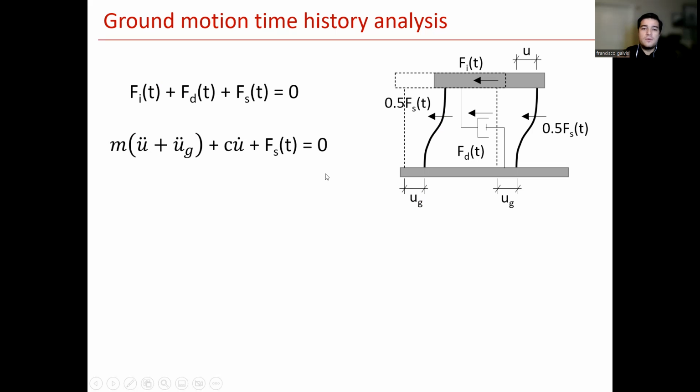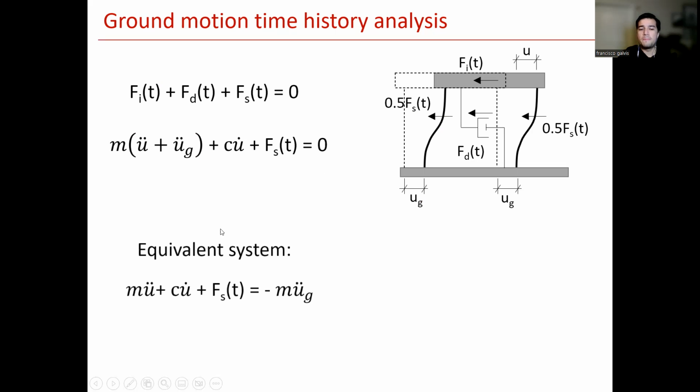So what that means is that you can trick the system and make it an equivalent system of an external force applied to a fixed-base structure, right? Mathematically, you take the mass multiplied by the ground acceleration and send it to the other side. But physically, what that means is that instead of having my building moving with the ground, I assume my building is static.